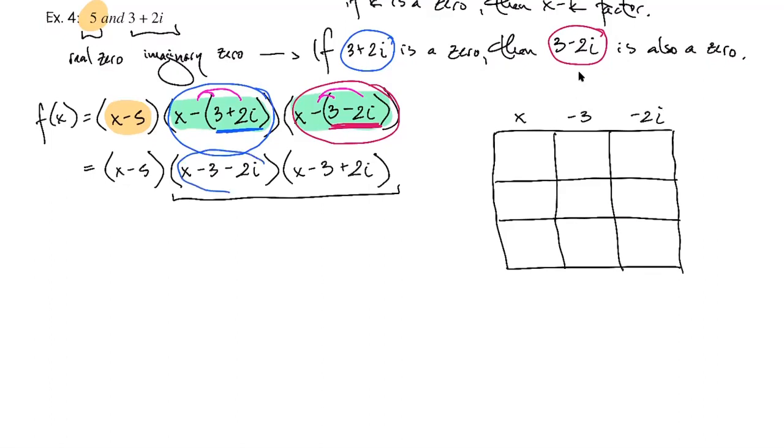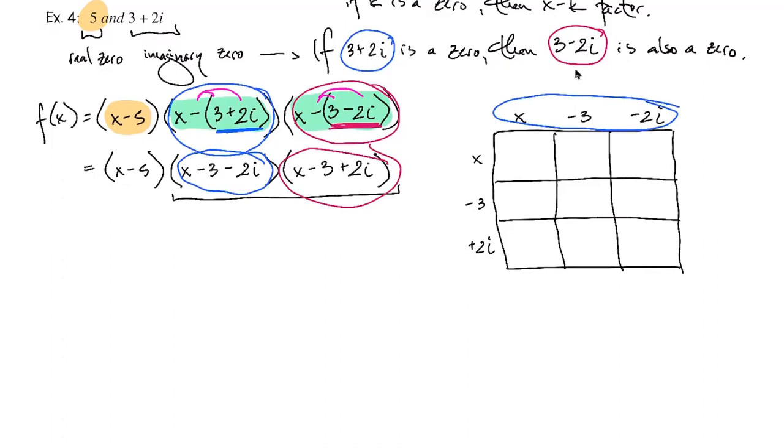That's the blue one right here, okay? And then down the side, I would do x minus 3 plus 2i, and that's the one in this berry color. Yeah, exactly. Big kids times table.